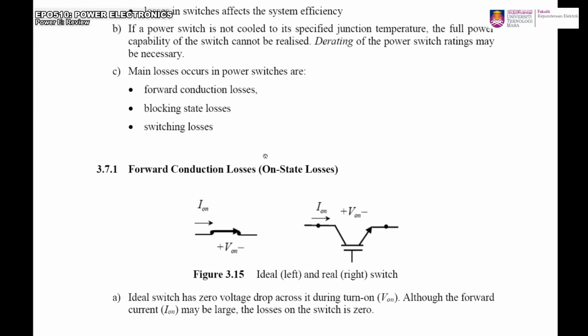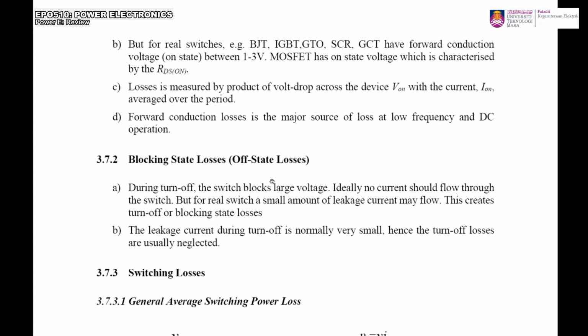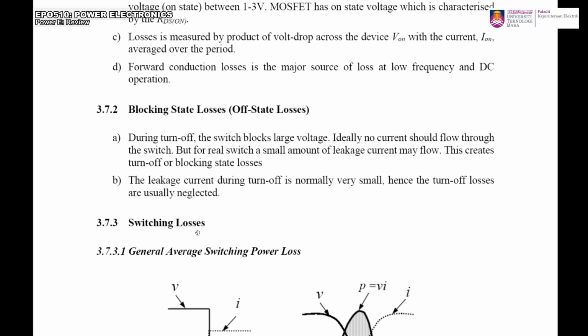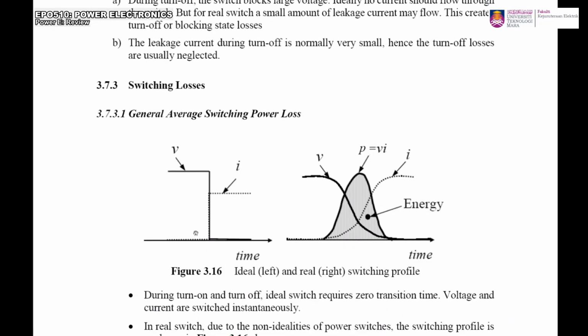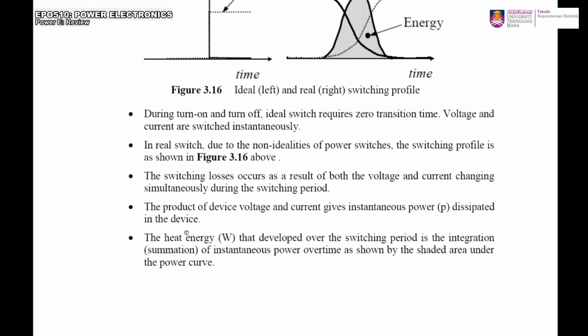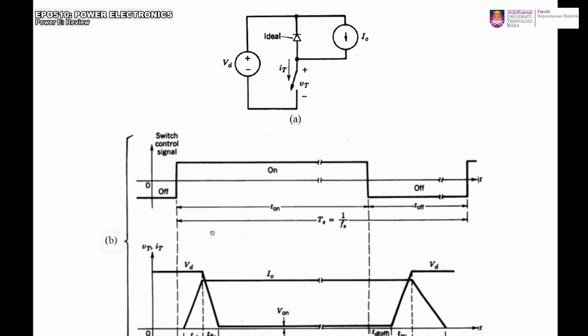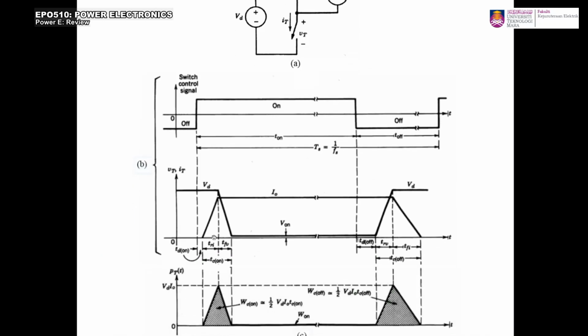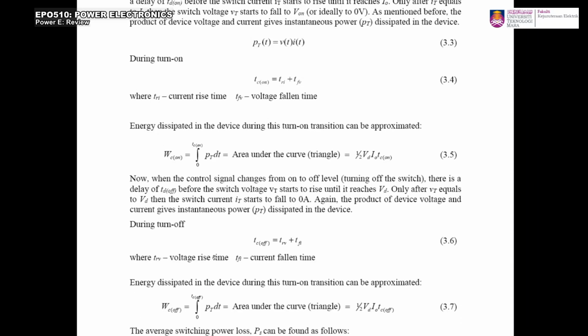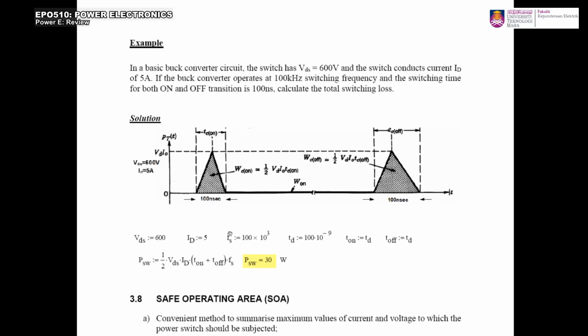Then we have three types of losses: forward conduction losses, blocking state losses, and finally the switching losses. So this is the theory behind the switching losses, and then include the derivation of average switching power losses, and finally some calculation to show you an example of the average power switching losses.